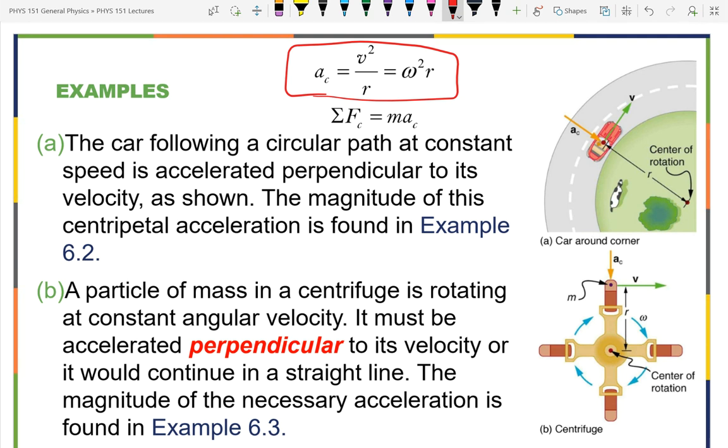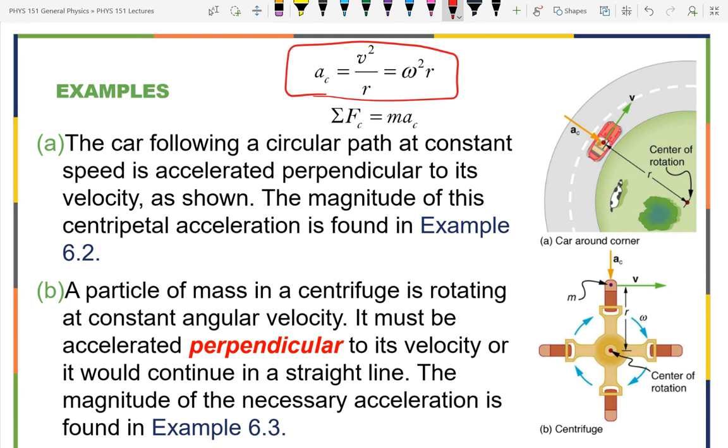So we're going to do a few problems to work on this using this centripetal acceleration. Now this equation right below it, sum of the forces, subscript C. That subscript C means in the centripetal direction, or toward the center.